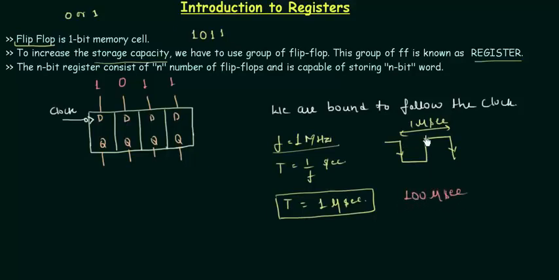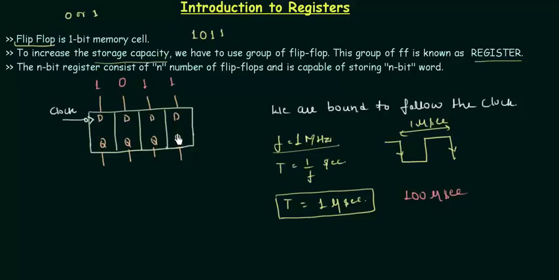Because for every 1 microsecond the data is changing, our data is corrupted, we have the garbage value, what we want to store we are losing it. And if something is available forever, then we are not going to store it. What is the need to store if something is available forever? This 1011 is not going to be there forever. Once we have stored this value, it will change and we don't have the same combination of bits. And for the next clock pulse, whatever be the value here is going to be stored again. So we are losing our data.